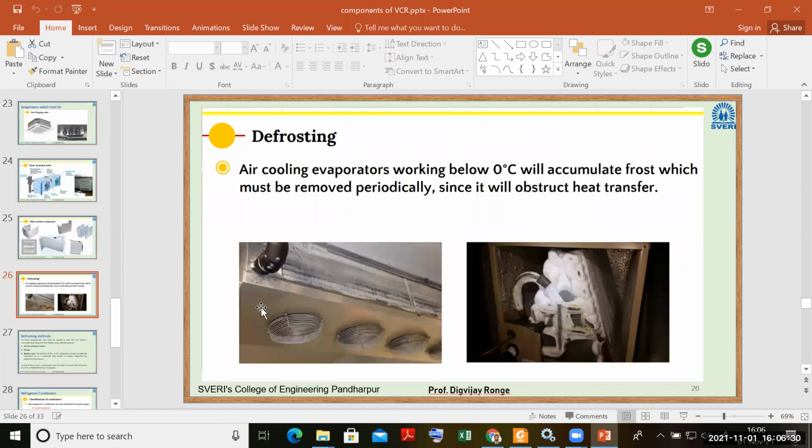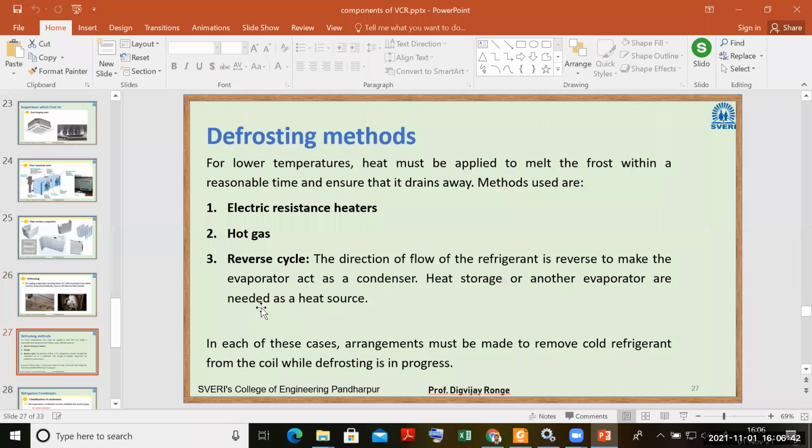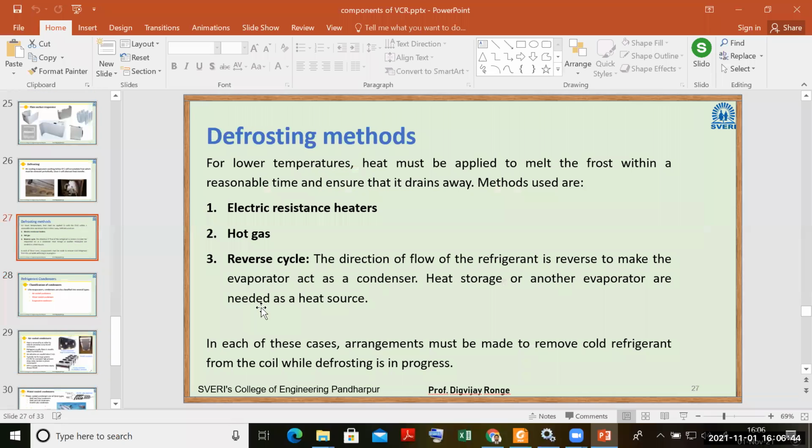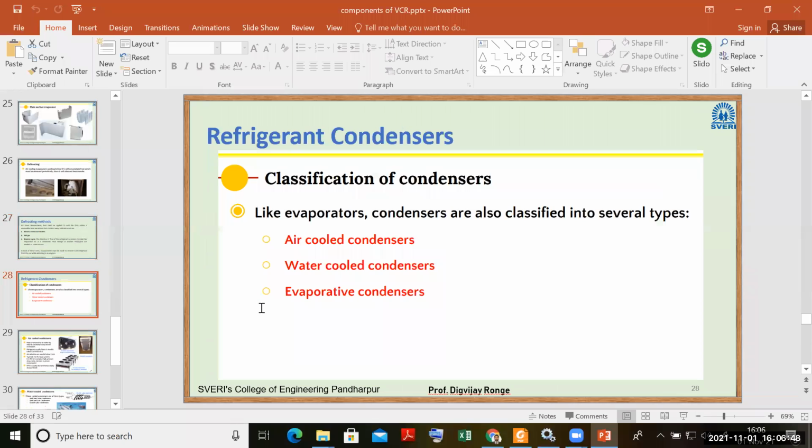Then we have seen the process of defrosting. Defrosting has to be done regularly because ice will form on the evaporator coils and obstruct the heat transfer, so ice has to be removed. Defrosting methods we have seen: electric heating, hot gas heating, or reverse cycle.